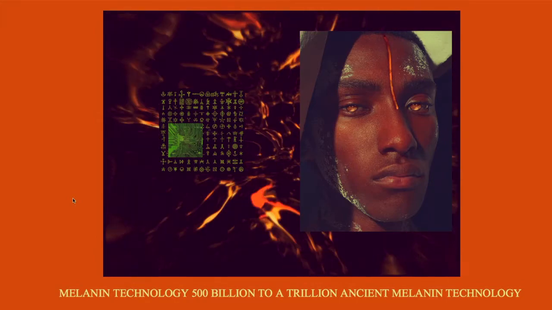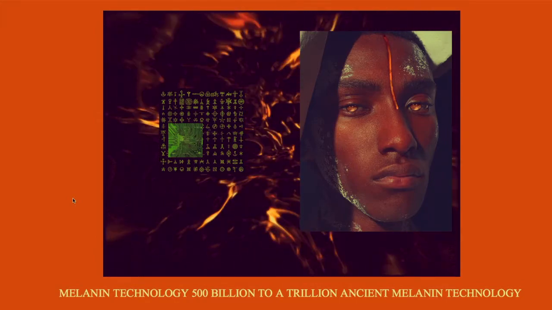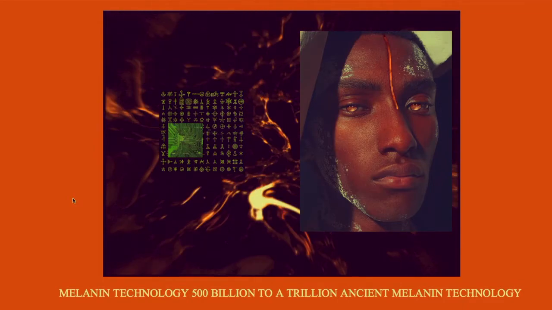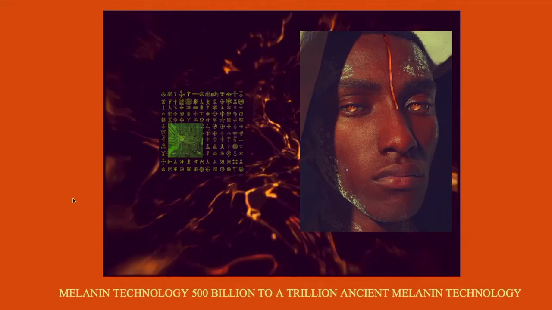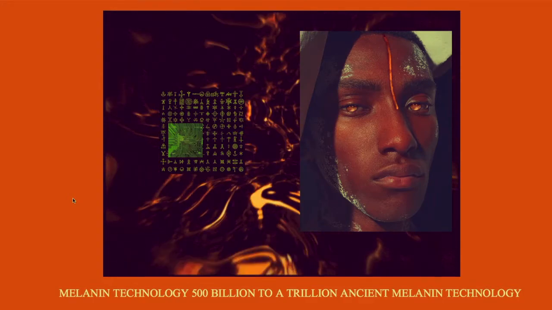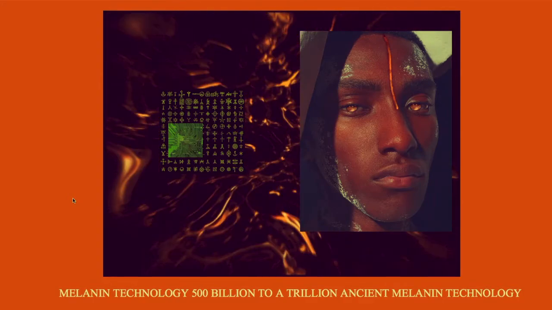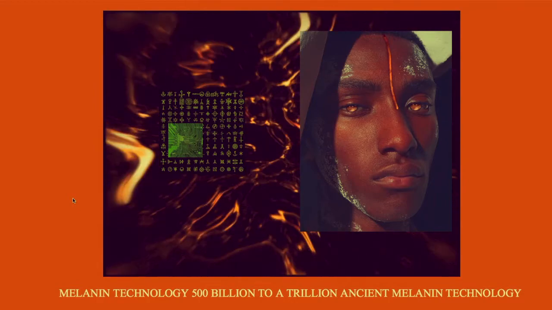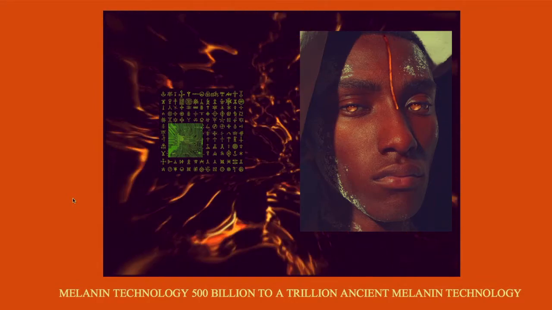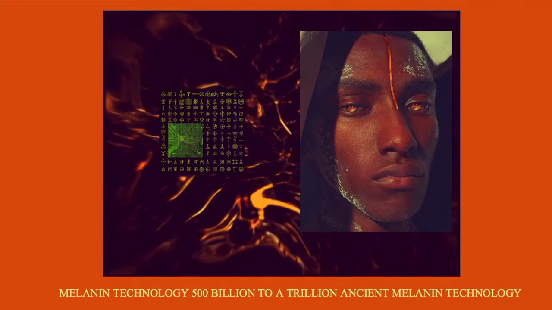I'm going to give you different PowerPoints, and this is how to interface with this technology, and how to use it, and how to access higher parts of your own brain. That's what it means.